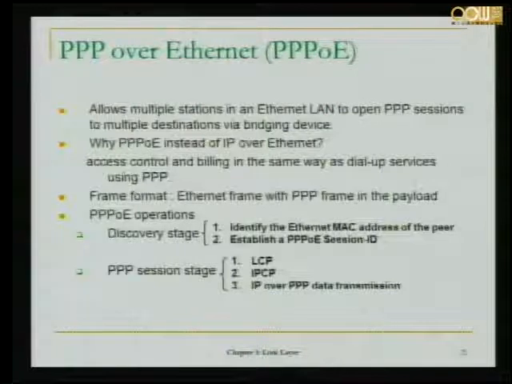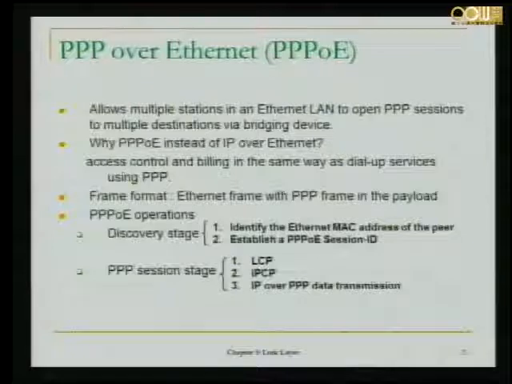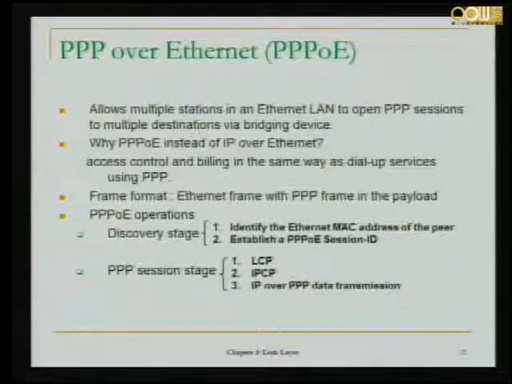And we mentioned PPPoE. It would allow multiple stations on an Ethernet to open PPP sessions to multiple destinations through the bridging device. Then one question will be why PPPoE instead of just IP over Ethernet?